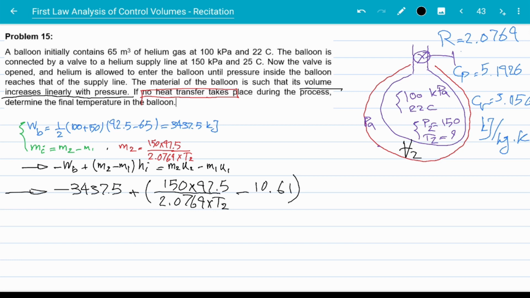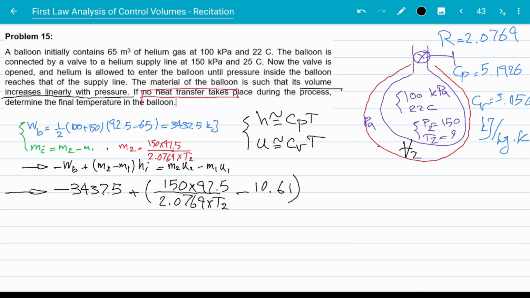Now for the enthalpy of the supply line, I can approximate it using this equation. H is approximately CpT. Also, internal energy is approximately CvT.